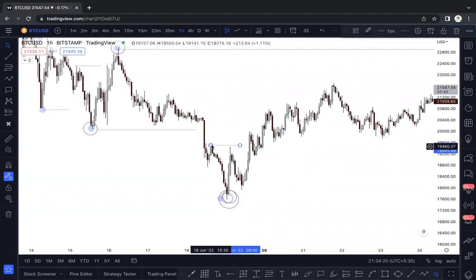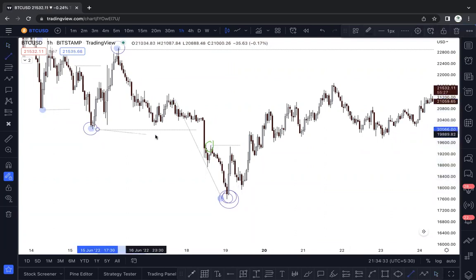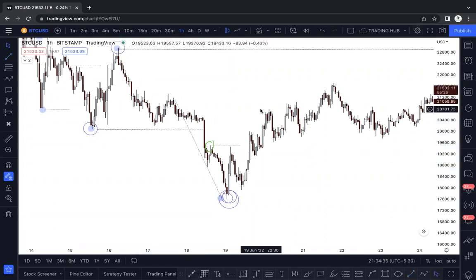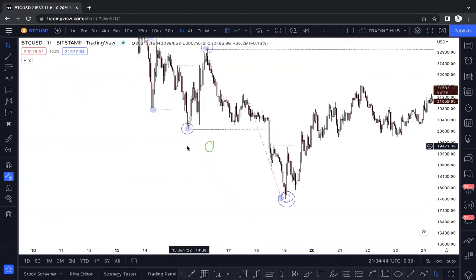Because this high has been taken out, because this high took out this low. If the same thing happens here, for example, like this, then this case is not valid, because market must close below it. Okay, got it, brother. Thank you.